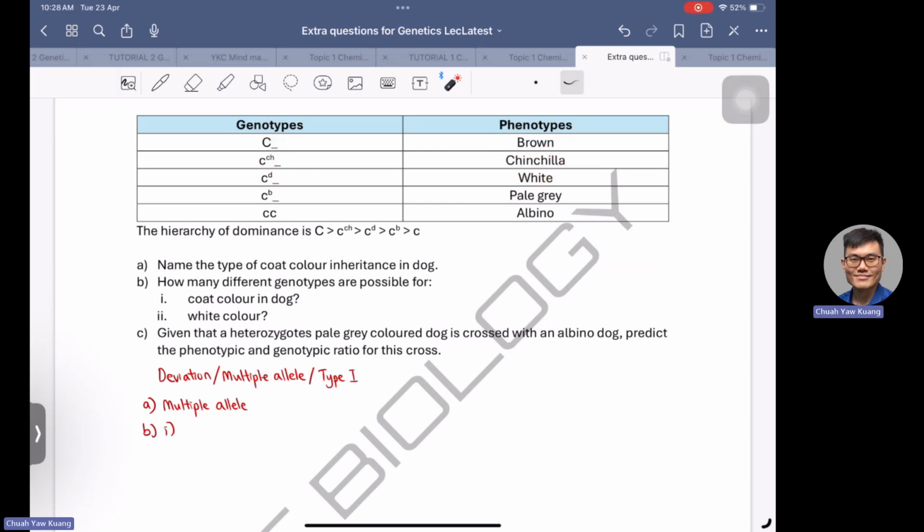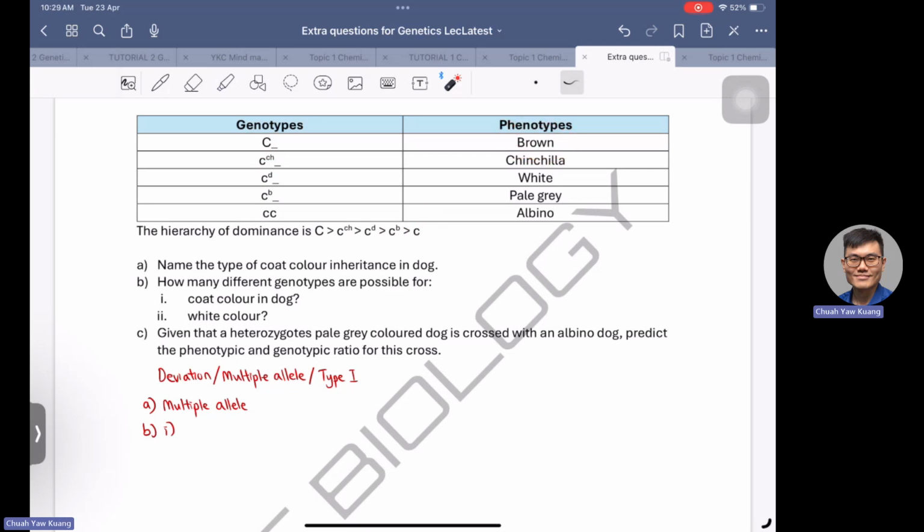When the dominant C is the highest in the hierarchy, this big C paired with cch, or with cd, or with cb, or with small c, the outcome is the same. The phenotype will still be brown.